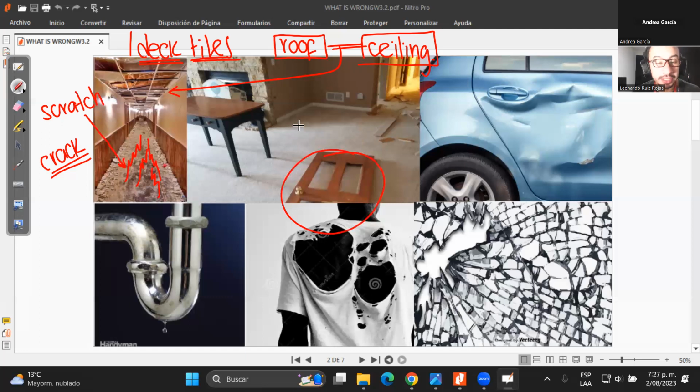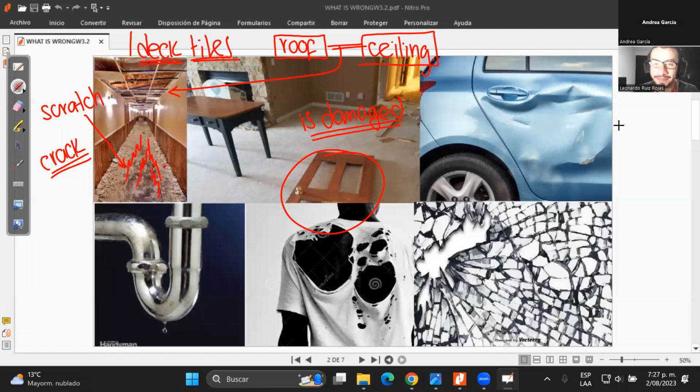Exactly, Andre. When you don't know specifically what happened, like if it's a scratch or something else, you say the door is damaged. So when we are describing that something is not correct, but we don't know specifically what happened, we say it's damaged. Muy bien, very good.